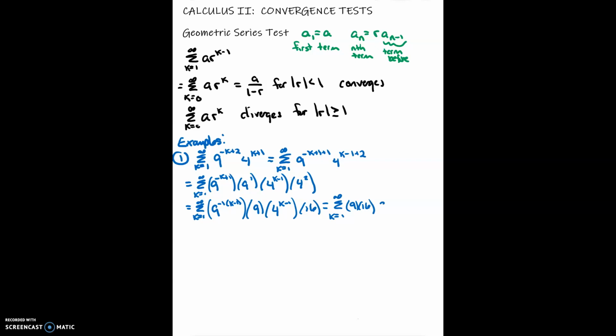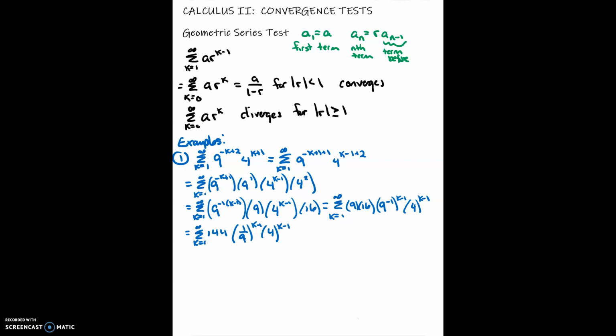Then we have 9 to the negative 1 raised to the k minus 1, and we have 4 raised to the k minus 1. 9 times 16, I think that's 144. 9 to the negative 1, remember that really goes to the denominator, so this is 1 over 9 to the k minus 1.